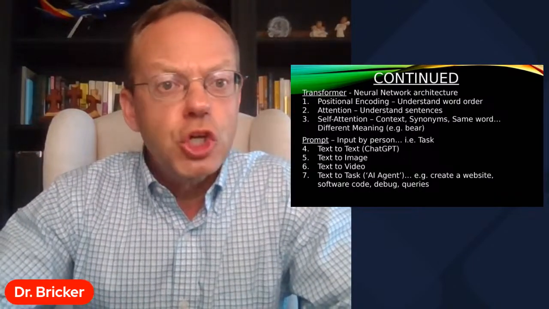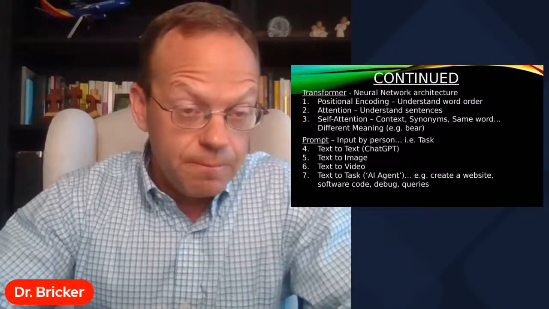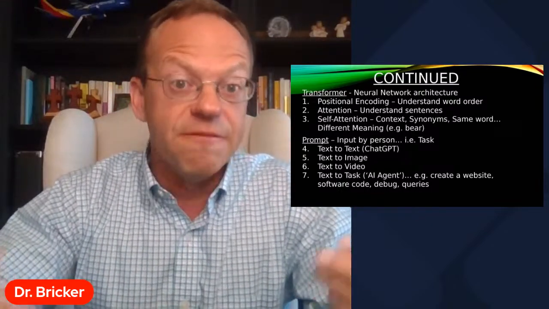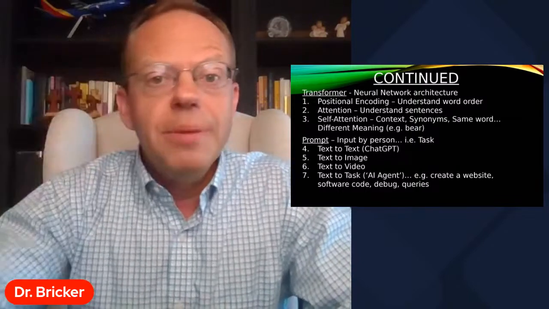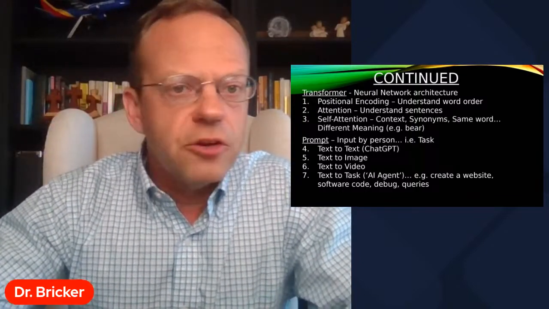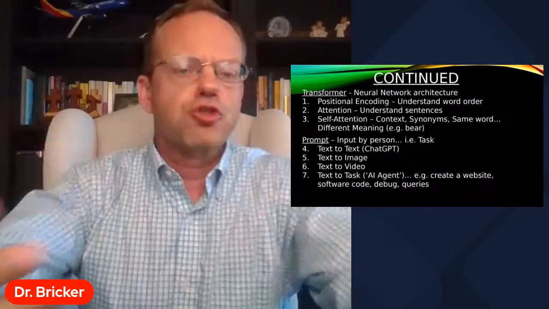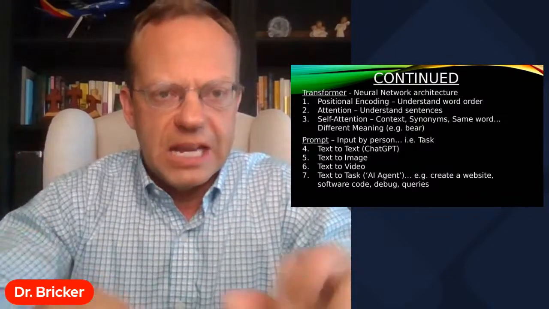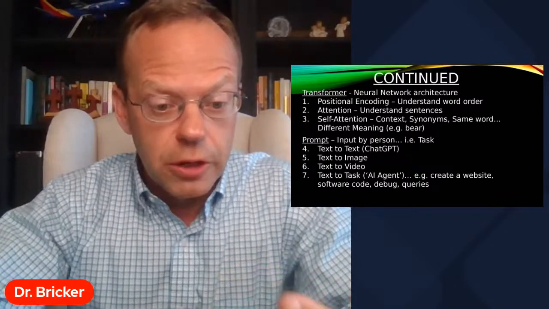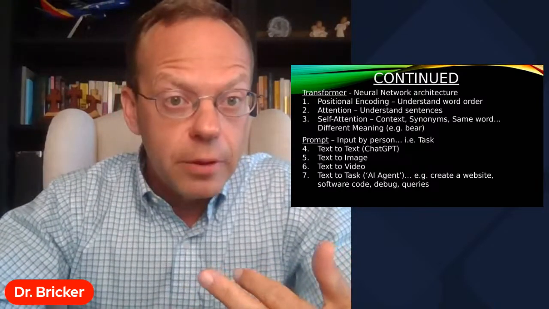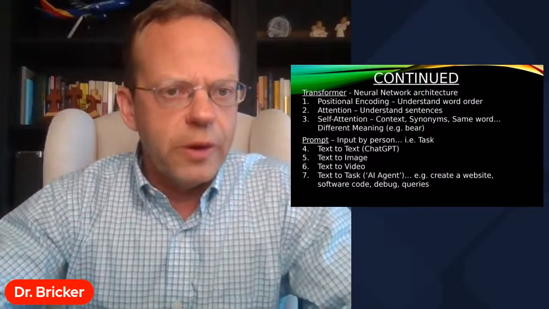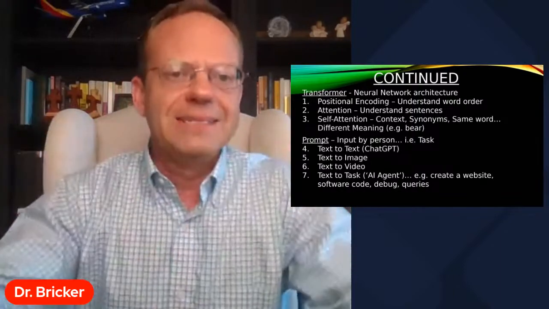And that gets us to self-attention, which is a subset of attention, and is super important in the functionality of this transformer, because it gives context. And it understands synonyms. So now you don't have to explicitly code the computer to say that a software engineer and a programmer and a software developer are all synonyms. The software can figure that out from the context of the sentences.